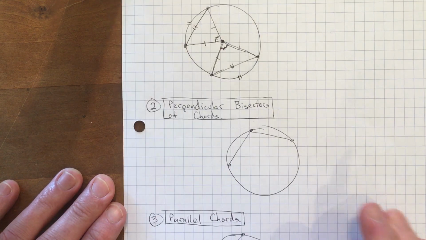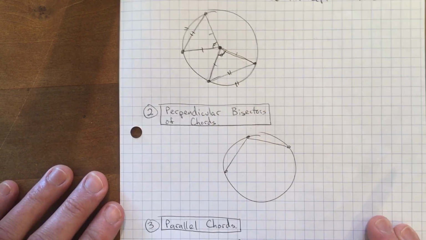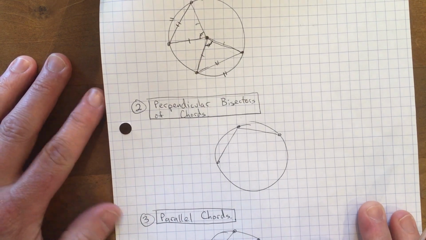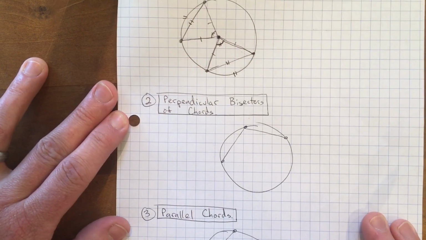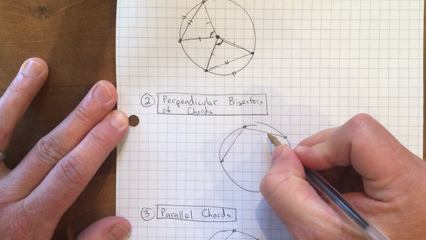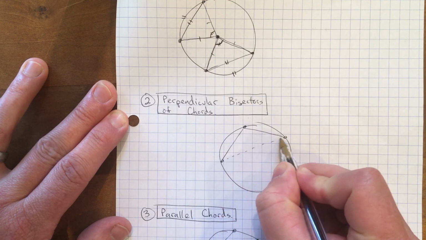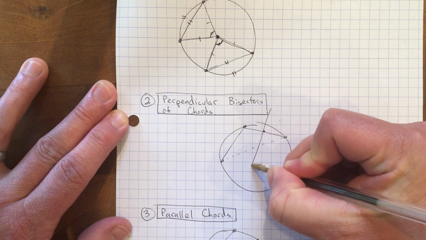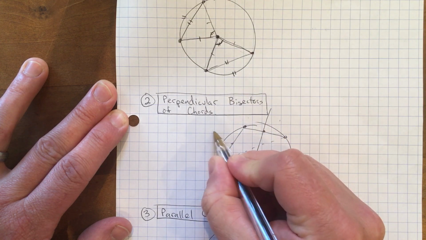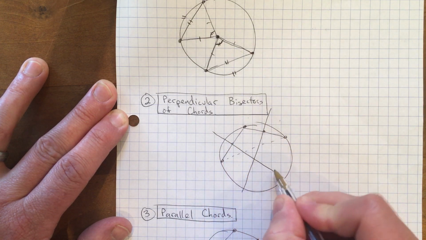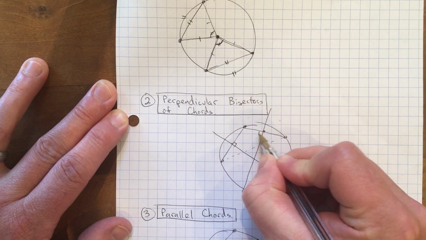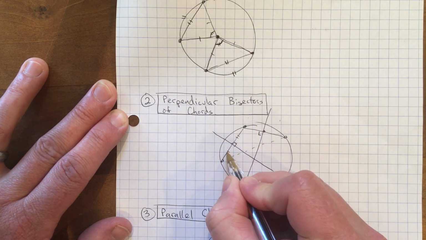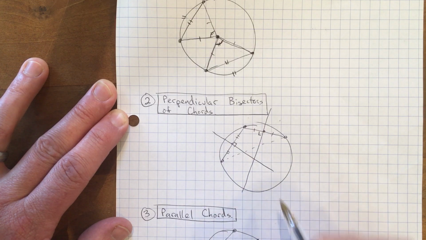The next thing is important, and we've actually encountered this a few times when we were doing constructions, and that has to do with the perpendicular bisectors of a chord. I drew two chords here, and in fact you could see that I could make a triangle out of it, but if I carefully draw the perpendicular bisector of those two chords to the best of my ability, so that it's both perpendicular and it's a bisector, like this, then guess what happens?